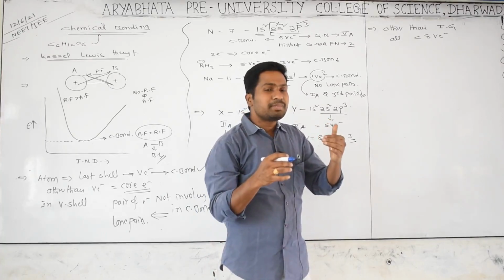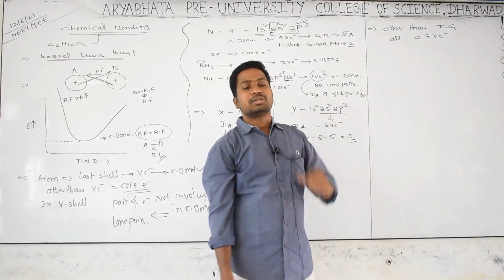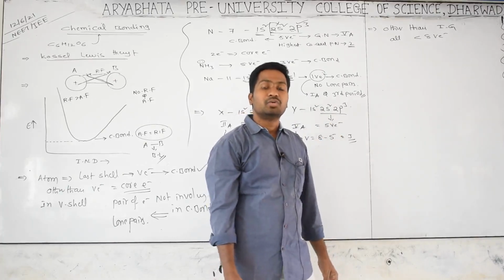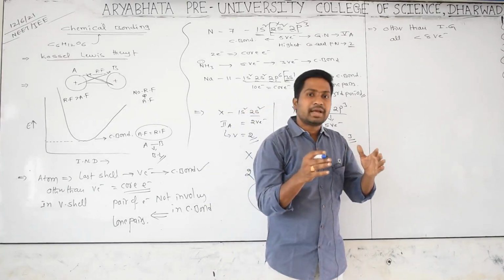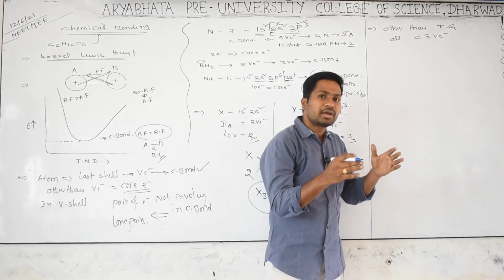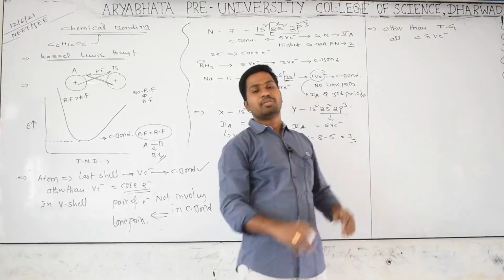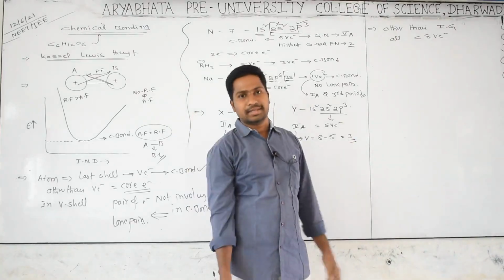In that process, they may lose, gain or share electrons. That concept is called the octet rule. Every element in the periodic table tries to attain 8 electrons in its last shell by sharing, gaining or losing. This phenomenon is called the octet rule. The elements which follow the octet rule are highly stable elements.